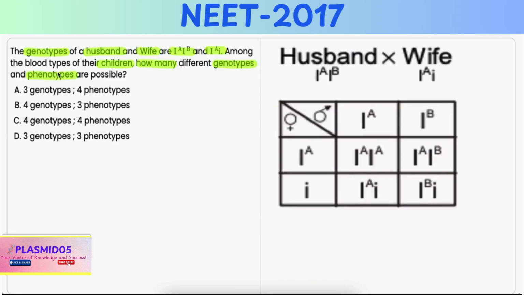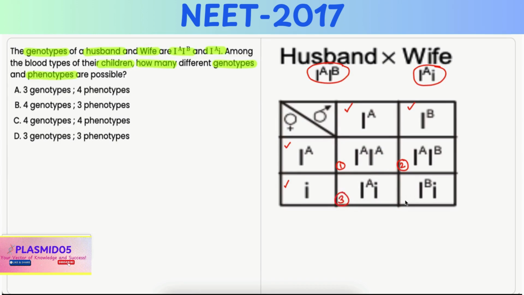Now, as the genotype of husband is IAIB, therefore the gametes that he will produce would be IA and IB. And for the wife, the gametes would be IA and i. So, after making the Punnett square, we can see that genotypes of the children are IAIA, IAIB, IAi and IBi.